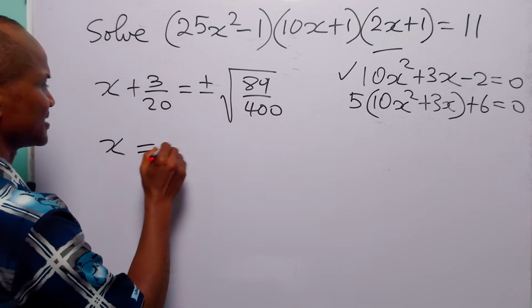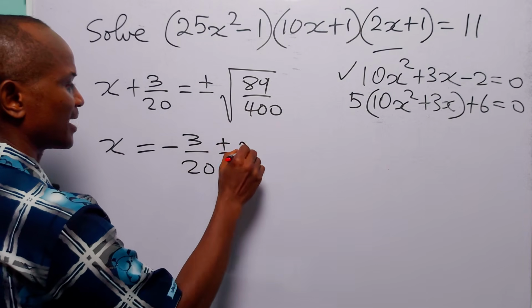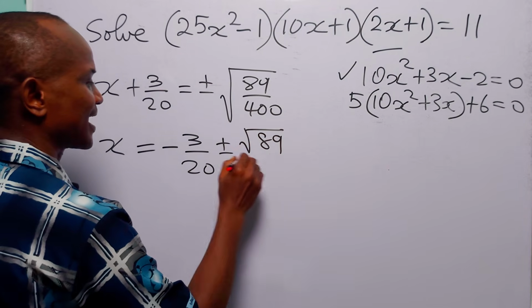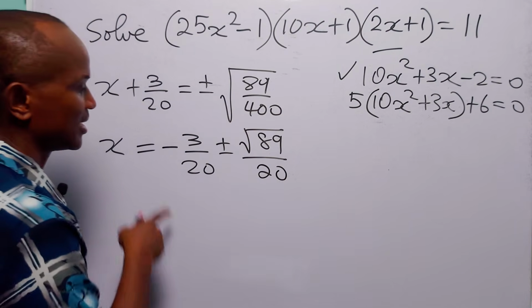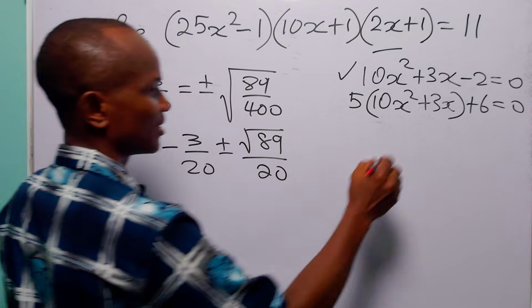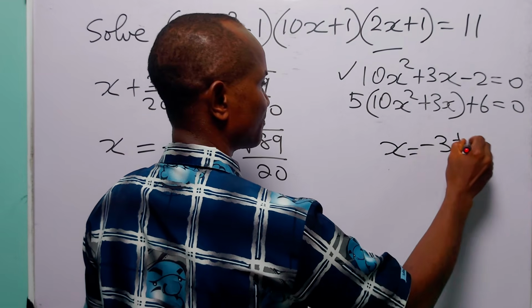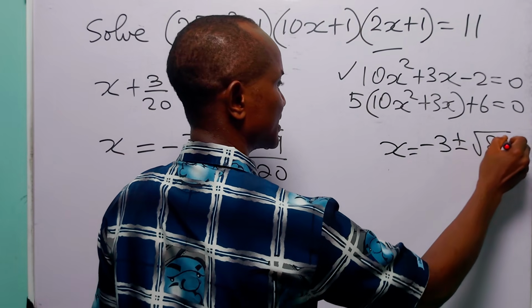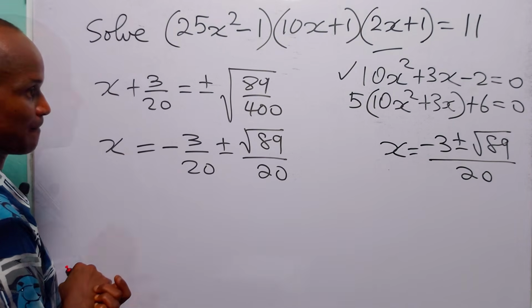So we have that x is equal to minus 3 over 20 plus or minus root 89 over root 400, which is 20. So we have two values of x. We have that x is equal to minus 3 plus or minus root 89 all over 20.